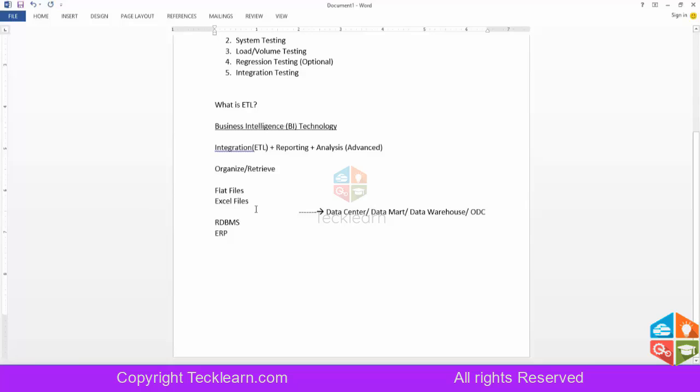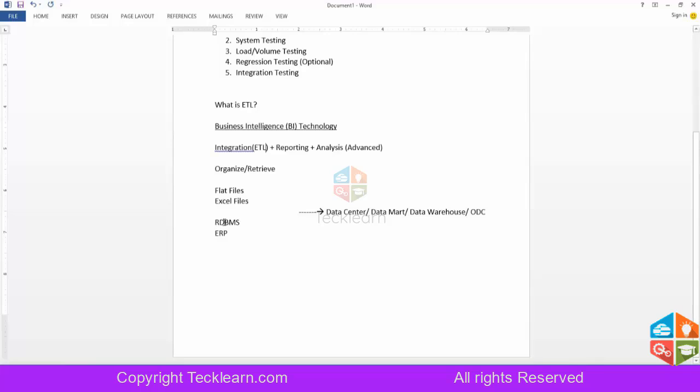So we extract data from various sources with different formats, different sizes, different contents. We don't actually bother about what the data is. We are interested only in metadata: the format, the file size, the number of columns it will have, how it is separated.